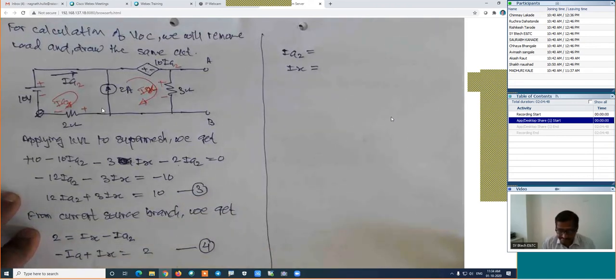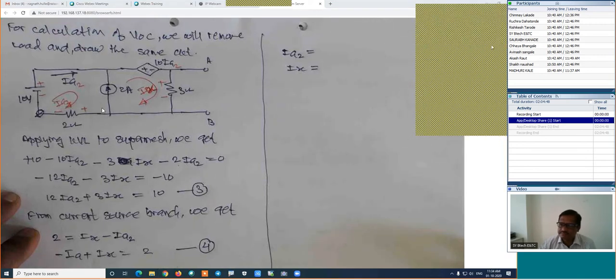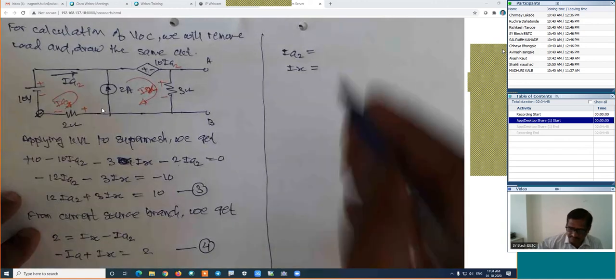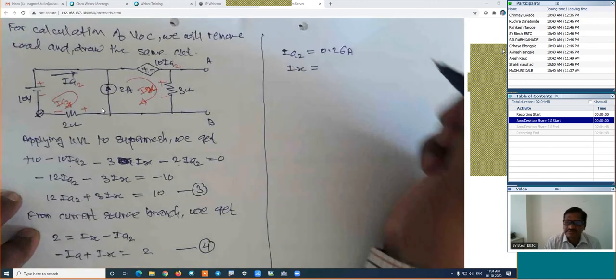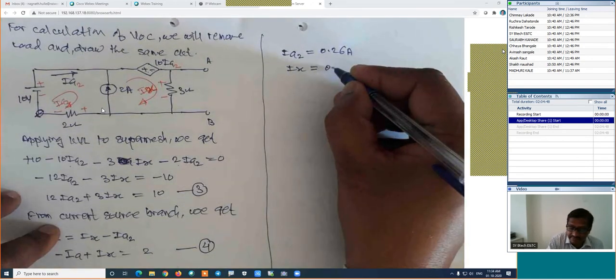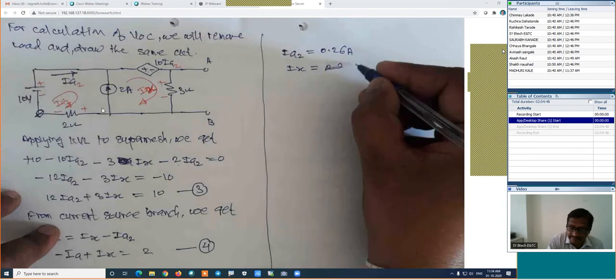Anyone from your side? Yes, Saurabh. IA2 is 0.26 amperes. IX is equal to 2.26 amperes.